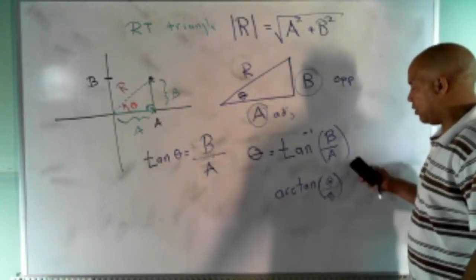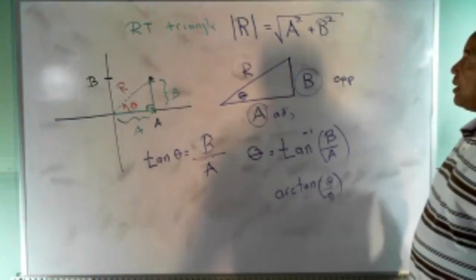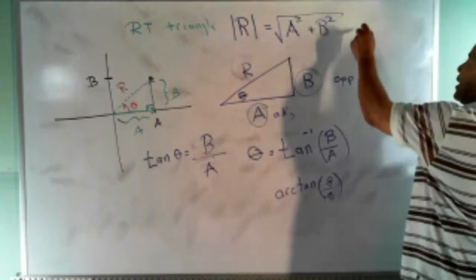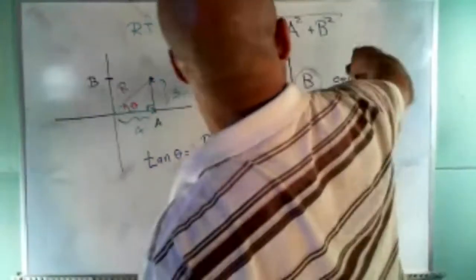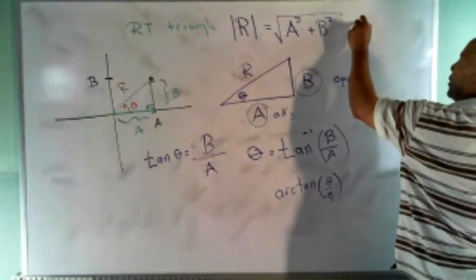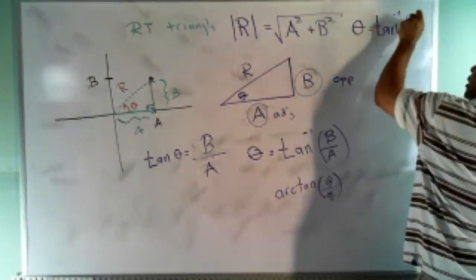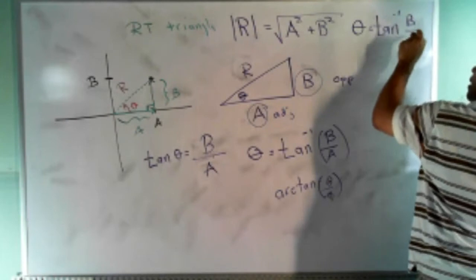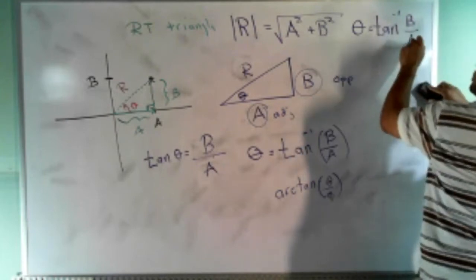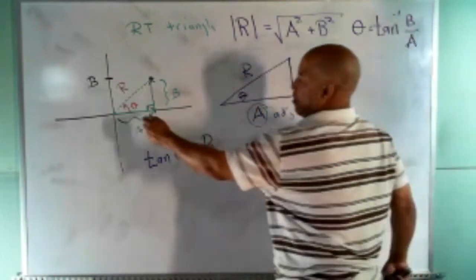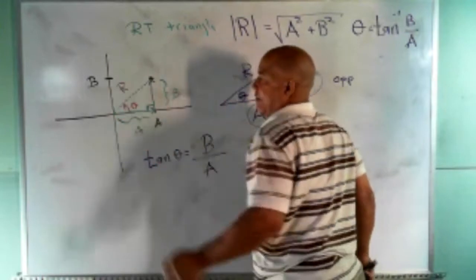So you usually see it that way. I'm going to use the inverse tangent function of B over A to get this angle, and the radius vector.